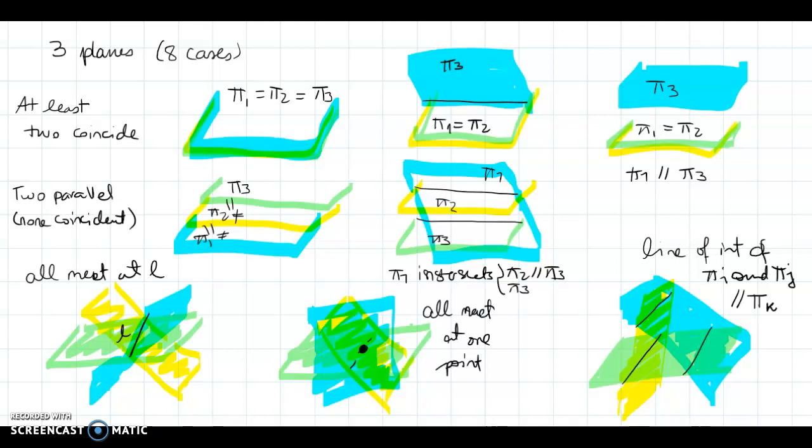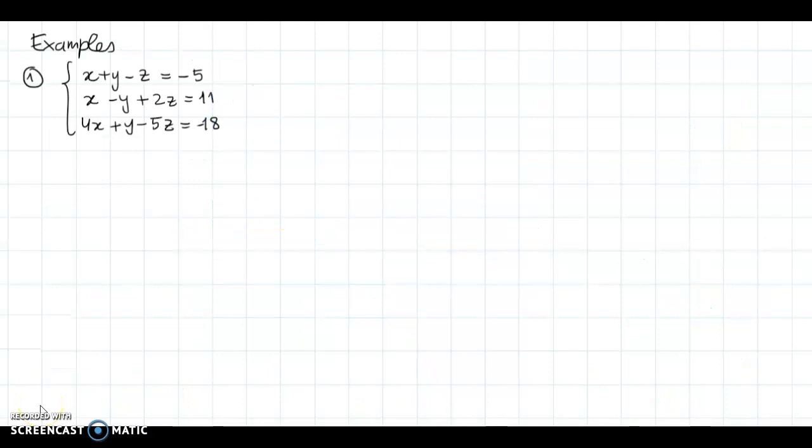So these are the 8 cases that we will encounter, and we want to see some examples of how, when we try to solve systems of equations with 3 unknowns, an equation with 3 unknowns being the Cartesian equation of a plane, we can decide in which of these situations we are. This is the first of our examples, and we will definitely solve it by hand, but you will also try to solve it in the calculator. You should pause the video and do so.